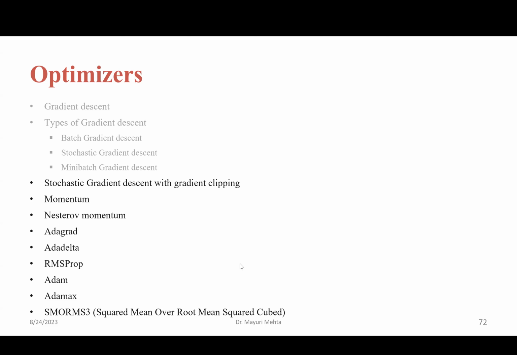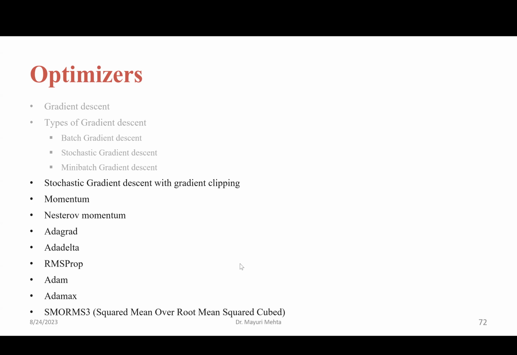Okay, the next is momentum. I'll give you a crisp idea behind all these optimization algorithms so that you can remember. Momentum is an optimization technique. Like other optimization algorithms, it is used to accelerate the training of neural networks.